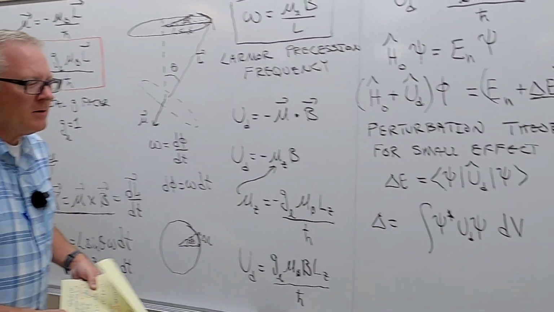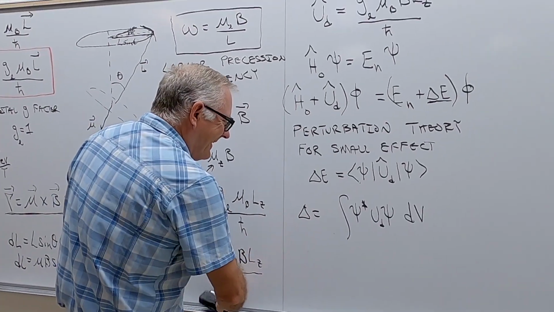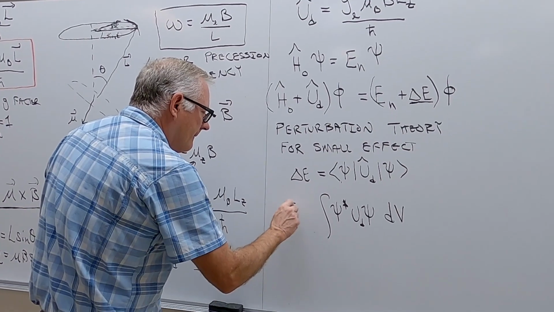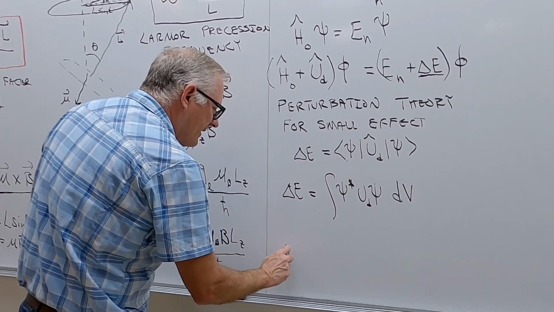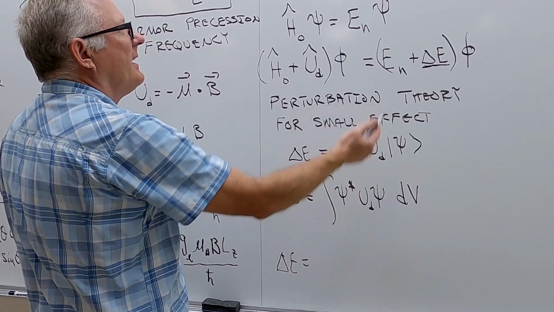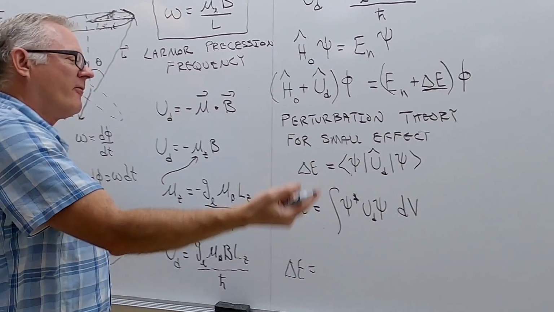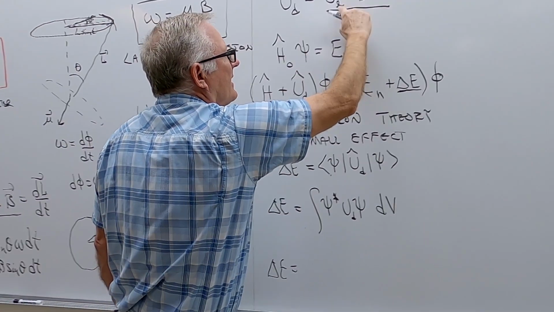Okay, so this is delta E. This isn't that hard to solve now, because I'm going to put in what U_D is. I'm going to pull out in front of the integral everything but the L_z, because these are all constants.